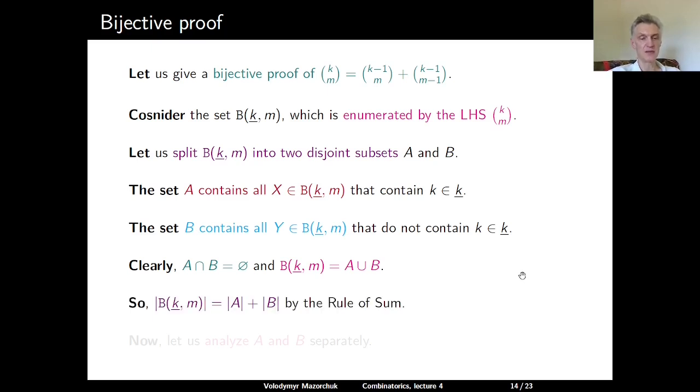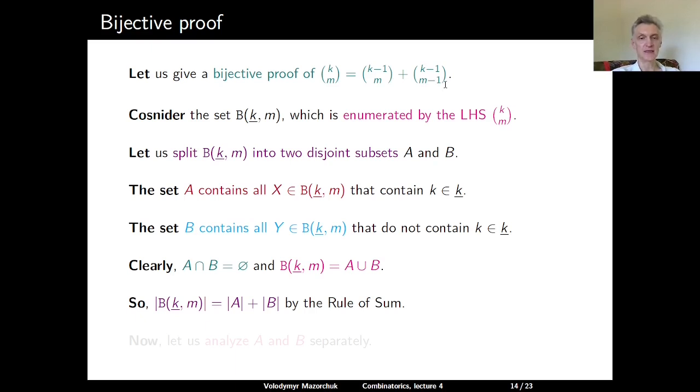So by the rule of sum, the cardinality of B_k^m equals the cardinality of A plus the cardinality of B. So we need to prove that the cardinality of A and the cardinality of B are given by our summands on the right-hand side of the formula we want to prove.